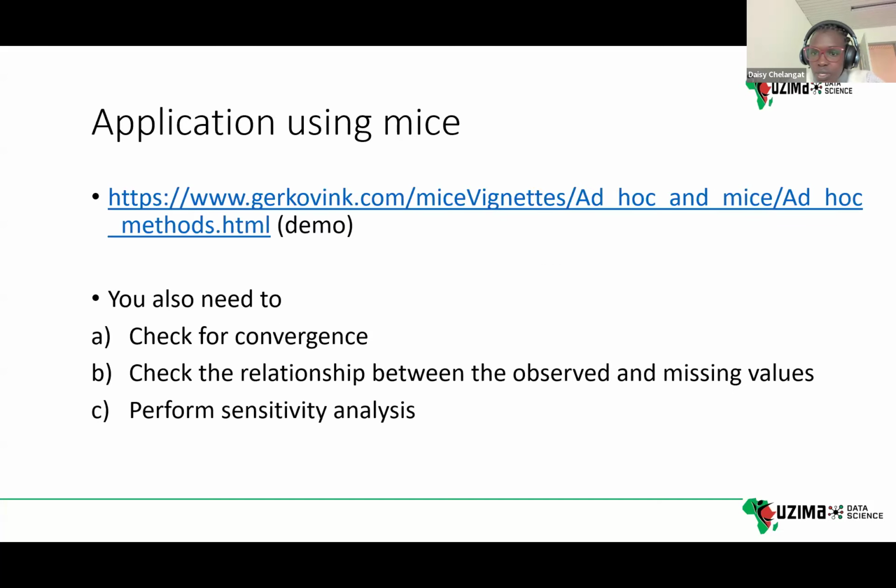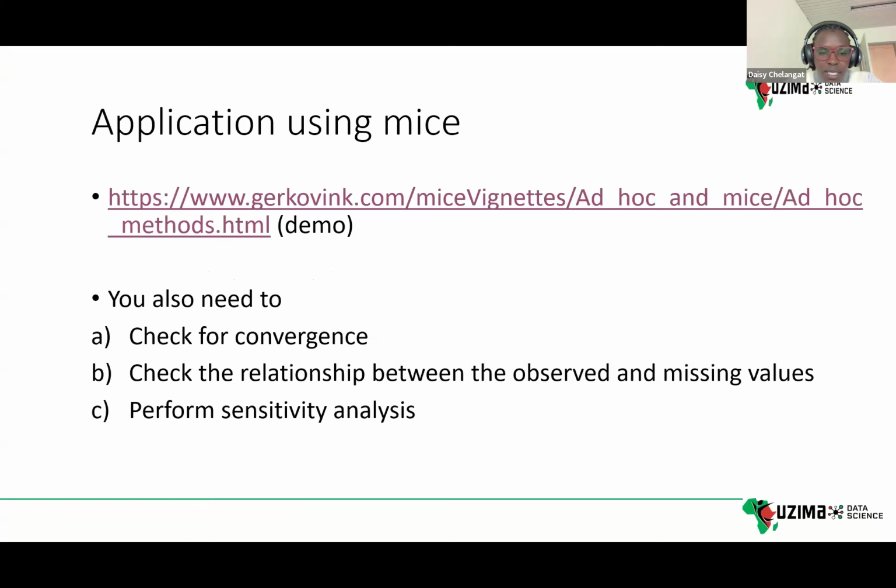So we are going to go directly into how to handle missing data using mice in R. I hope you have installed R already. You can use this link here, which you can follow later in your own time.